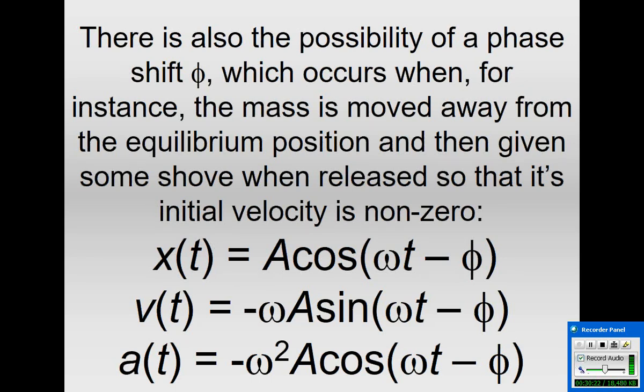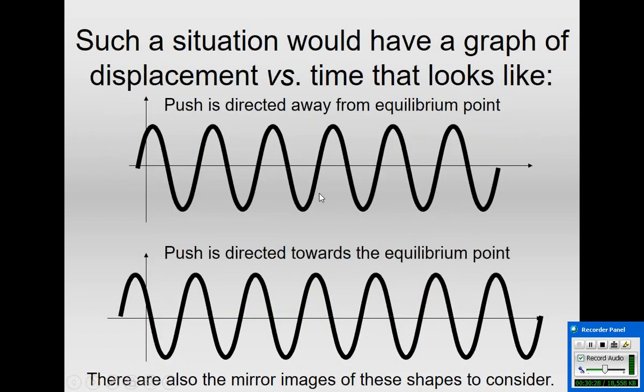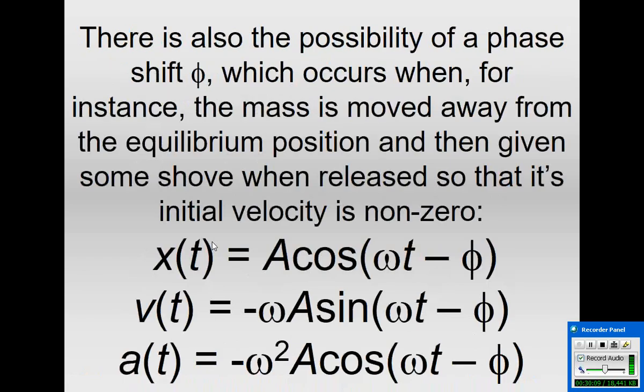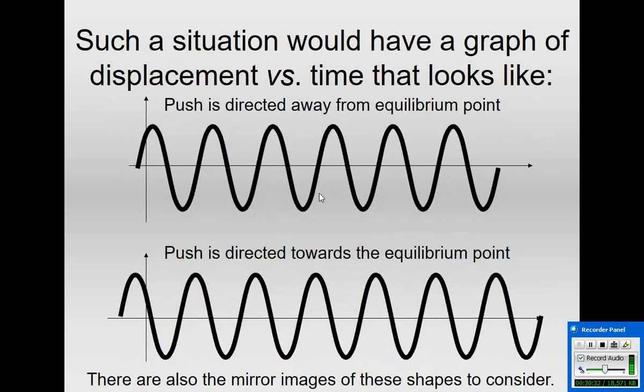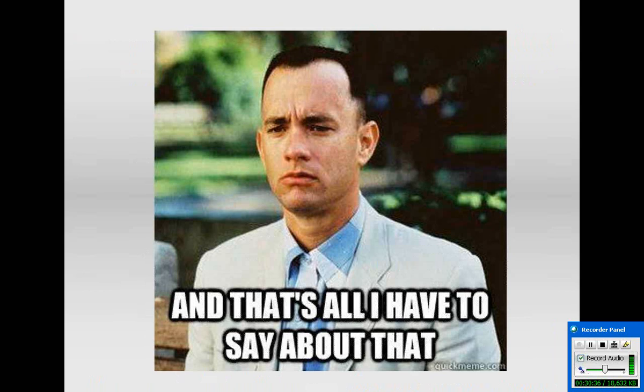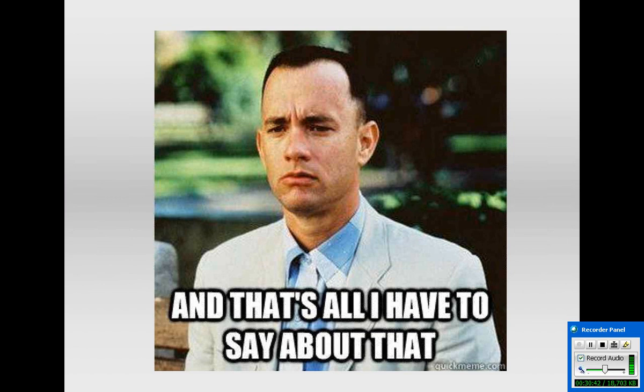If the mass isn't released from rest, yes, we can accommodate for that. But I'm not going to worry too much about it. I want you to know it's possible, but really, that's all I have to say about that. You should be aware of the equations when the mass is released from rest. Don't worry about the situation where the oscillating mass is not released from rest.